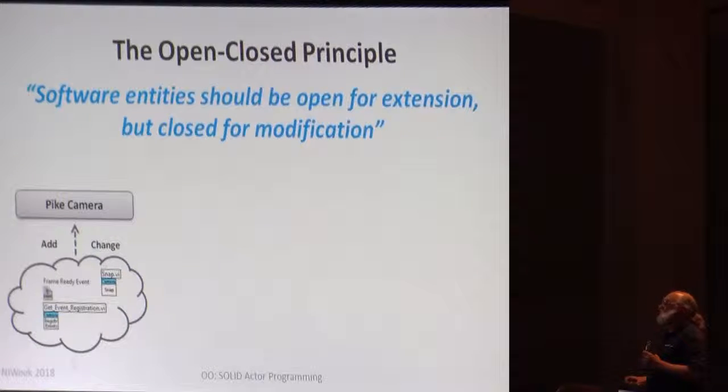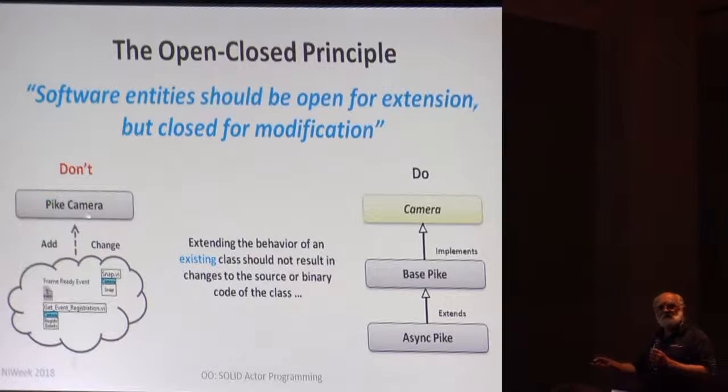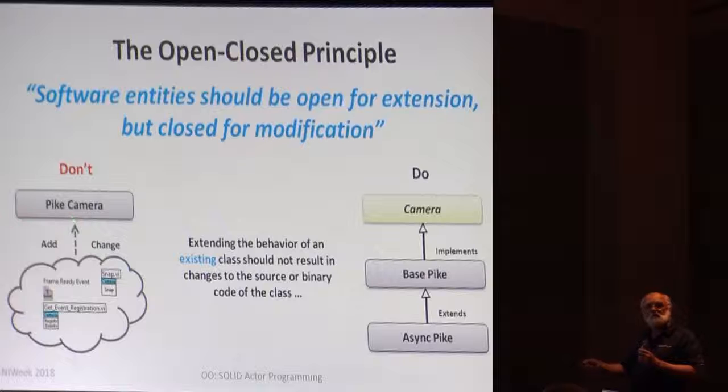The typical way to do it is you start editing your class, and you may break it, or your class may be used in a bunch of other applications, and they will be broken or need to be revalidated. So never do this. This is the wrong path.